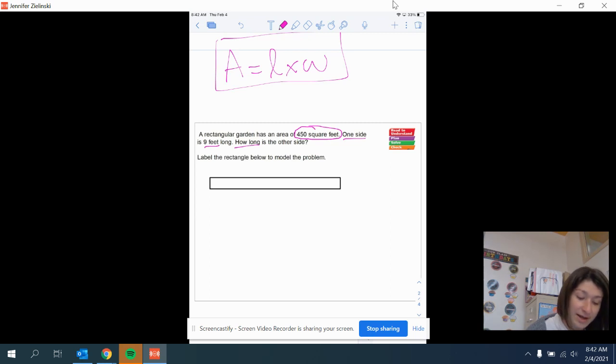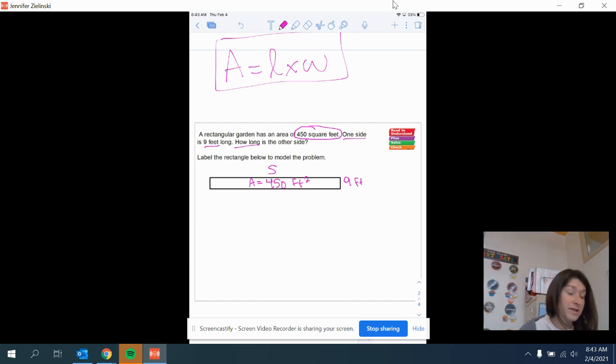So I'm going to put my area as 450 inside, and I'm going to put my little feet squared. And then one side is 9 feet long, so I'm going to put my 9 feet over here. And I'm going to put a letter S for side, since we're missing that one.